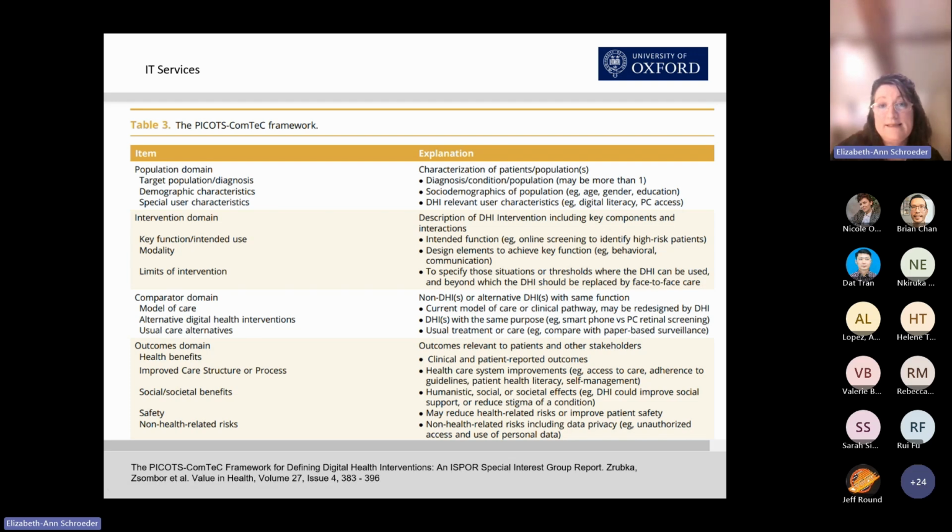But once again, it extends many of the factors to consider special user characteristics and to look at functionality within the intervention or the components itself, such as design elements to achieve the key functions, situations or thresholds where a DHI can be used, different purposes for the same approach, changes in care, reductions in health-related risks, and non-health-related risks, including data privacy or the use of personal data.